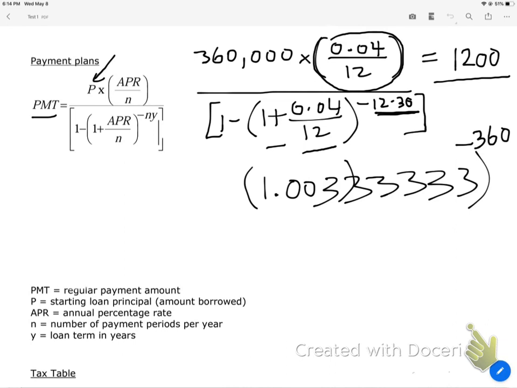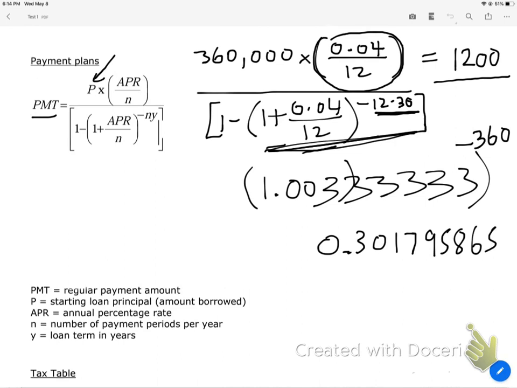So I'm going to raise 1.0033 to the power negative 360. That equals 0.301795865, and it goes on forever and ever. But remember, I've got to do 1 minus that. So I'm going to do it backwards: 0.301795, take away the 1, that gives me the negative answer.